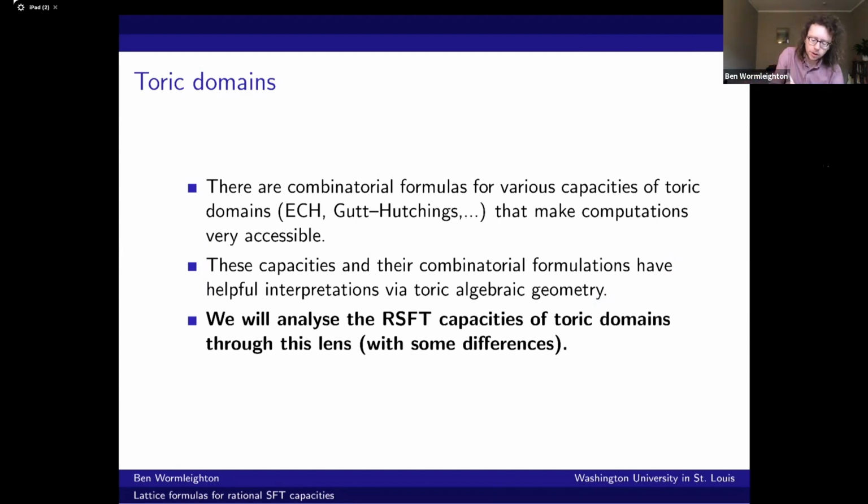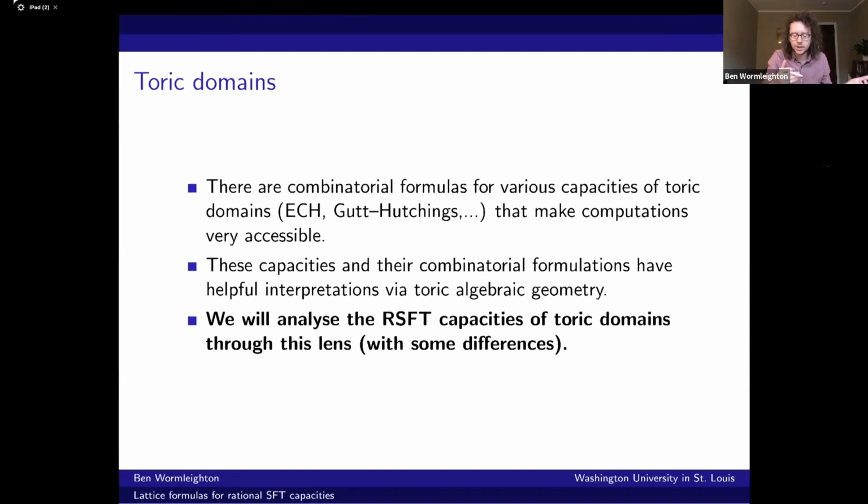So the main point of this talk, or the main point of our paper, is that we analyze these RSFT capacities of Siegel for toric domains through this lens, in that we would love some combinatorial formulas so that we can do calculations, but we'd also love connections to algebraic geometry so that we can look at questions there. The difference here, which I find really cool, is that the relationship between combinatorics and algebraic geometry is inverted.